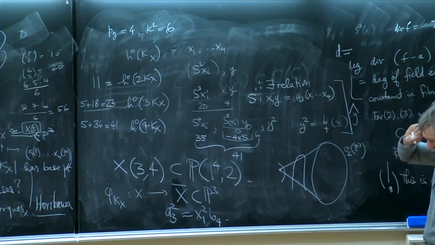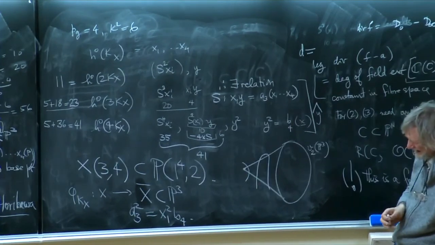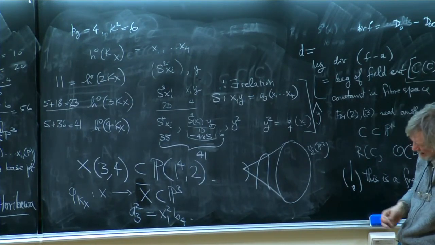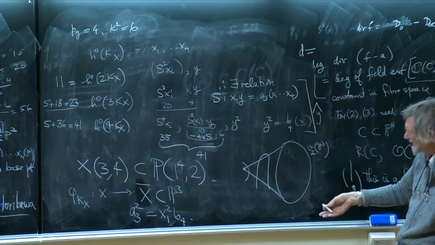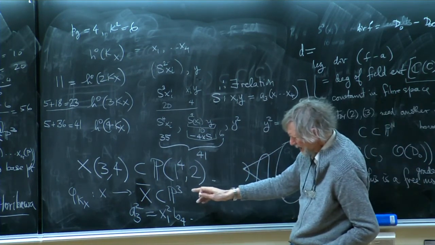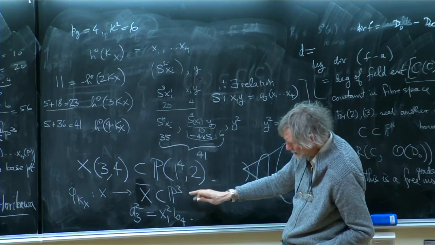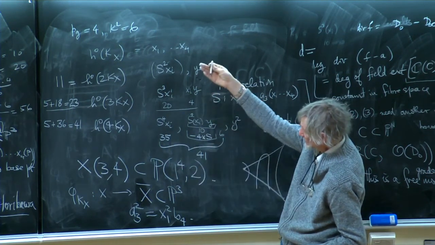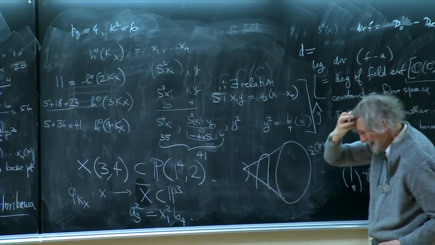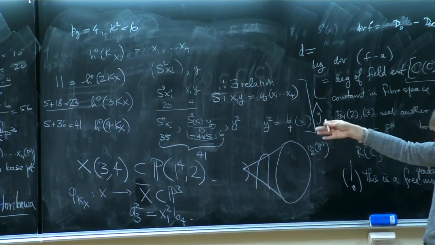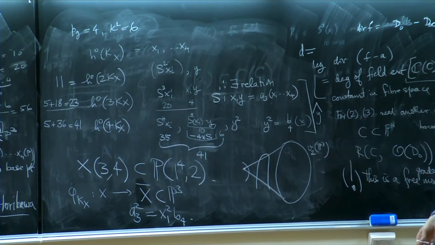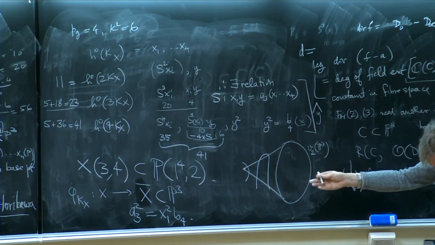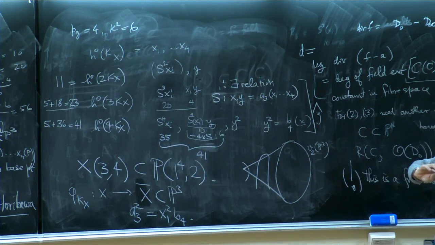If it were mapping to a non-singular sextic, for example, a non-singular sextic has canonical class O of 2, so K squared is 24, which is much bigger than the case here, and p_g is 10 or something, so it's just completely wrong. So it's not possible for X to map isomorphically to a surface of degree 6 in P3.